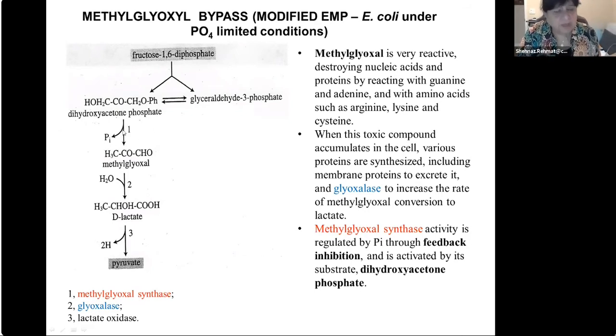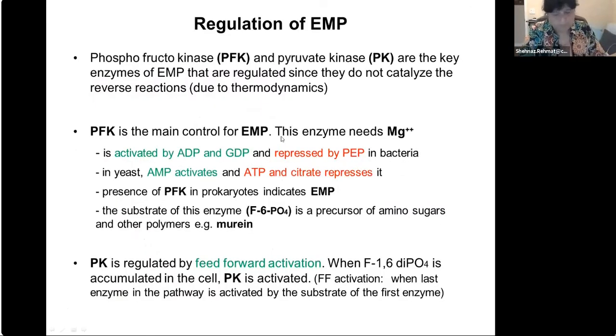So definitely a very delicate balance is created in this production of methylglyoxal. This is one alternate pathway or modification of your Embden-Meyerhof pathway.